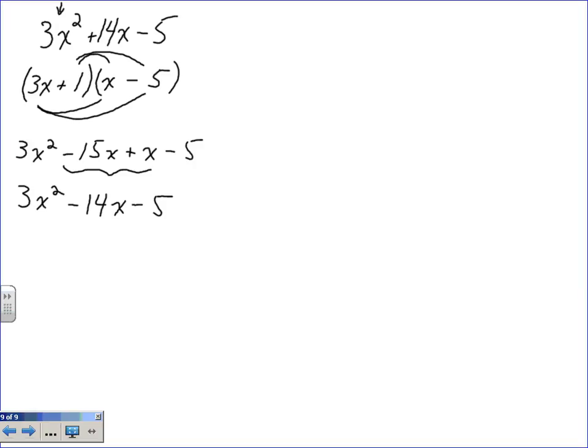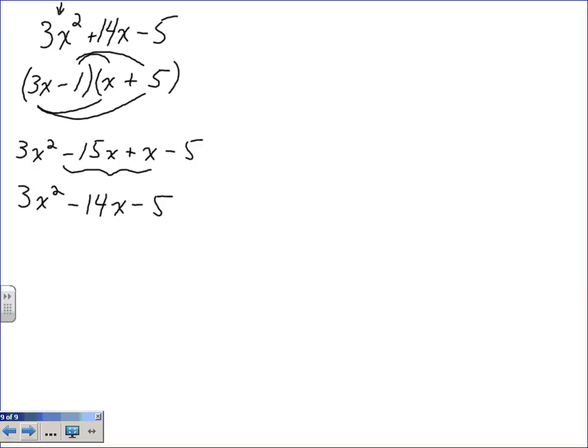But guess what? I need a positive 14x. What did I do wrong? I think I've got all my numbers right, but I've got that middle sign wrong. So what I have to do is switch the signs. I'm going to have to make this one a positive and the first one a negative.